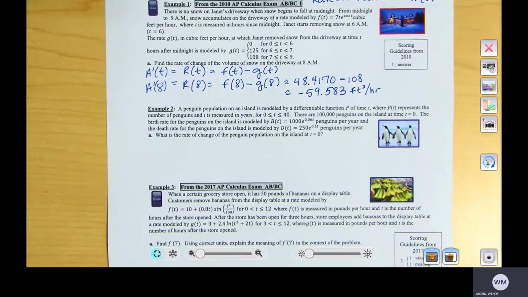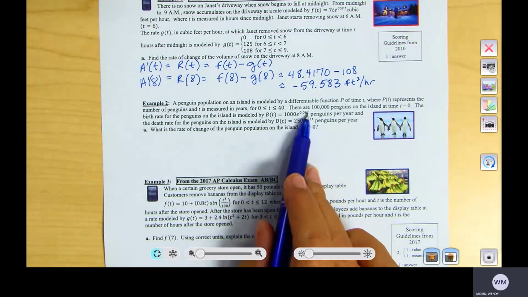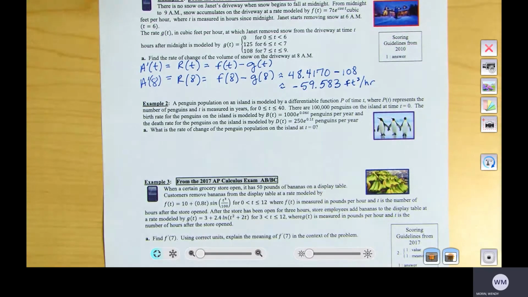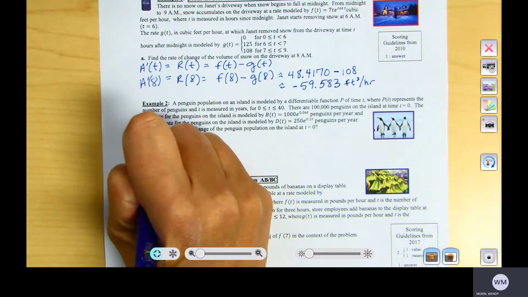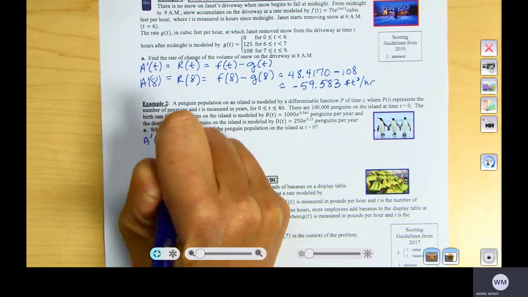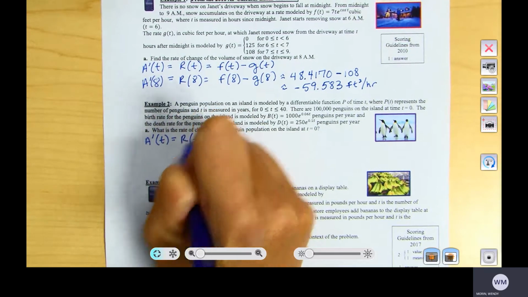Example number 2 is just like example number 1. You do not need a calculator because you can evaluate these. The rate of the amount of penguins is equal to the first derivative.